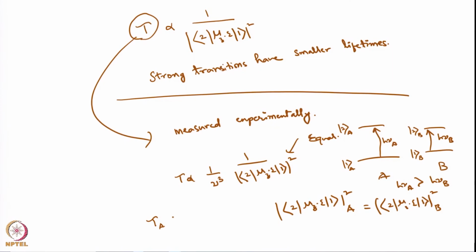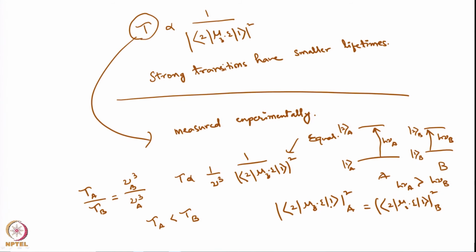Therefore, based on this one can write tau A will be smaller than tau B, and the ratio of tau A to tau B will be equal to nu B cube by nu A cube. That is only when these two transition dipoles are equal.